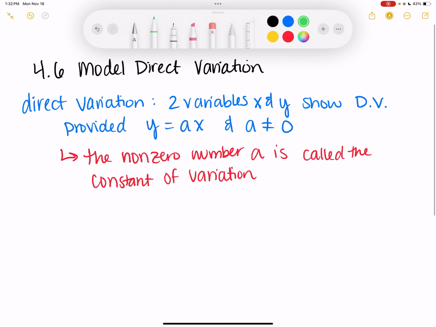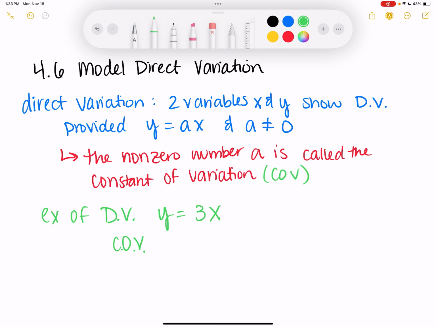An example of direct variation would be something like y equals 3x. And we would say that the constant of variation, which I abbreviate COV, would be 3.